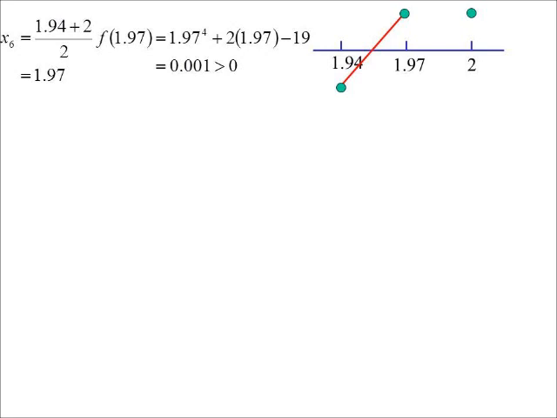Yes, that is 0 to 2 decimal places, but that does not mean it's the right answer. Because the graph might do something really weird. I mean, it might be really close and then shoot up or something like that. So it's not the answer we want to 2 decimal places, it's what we're subbing in we want correct to 2 decimal places. Okay, we're in between 1.97 and 1.94.